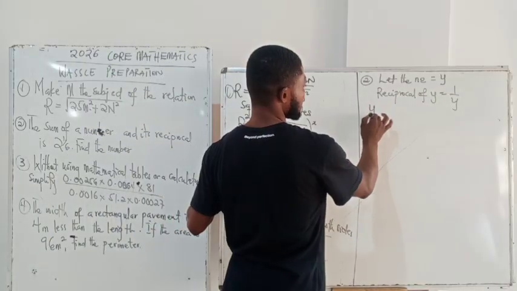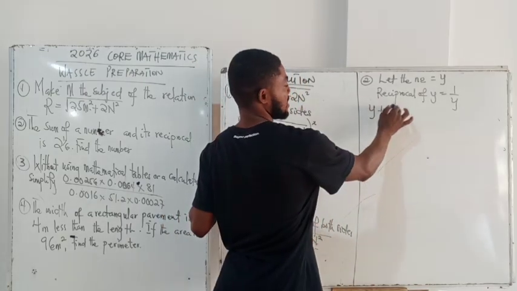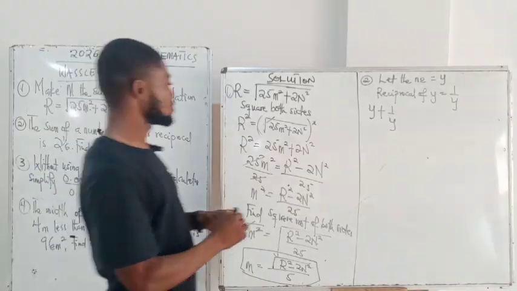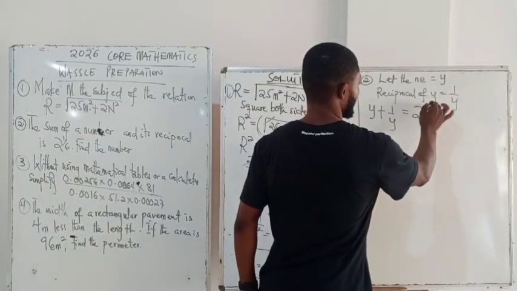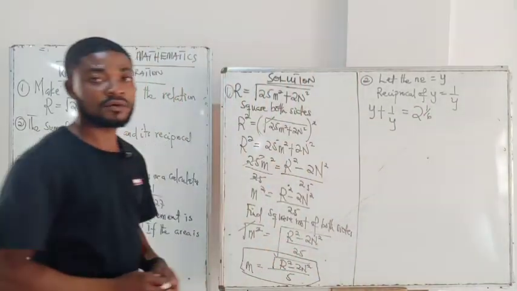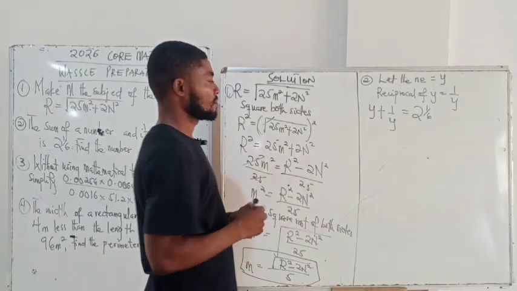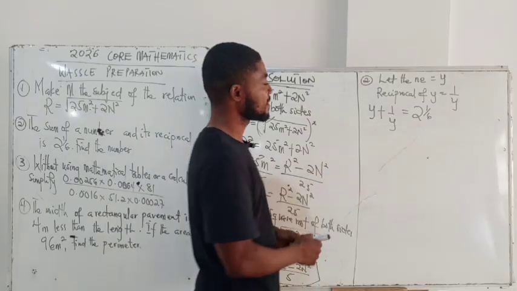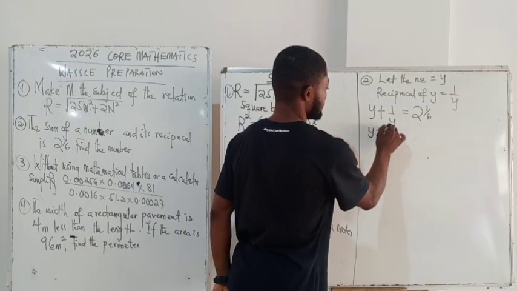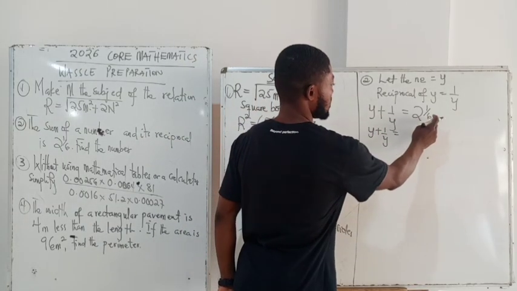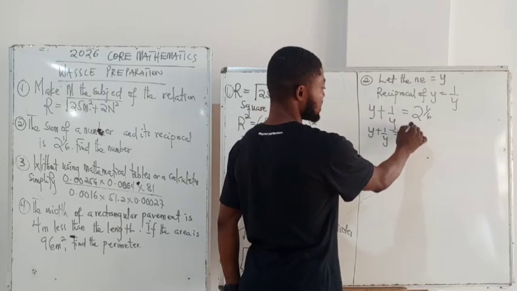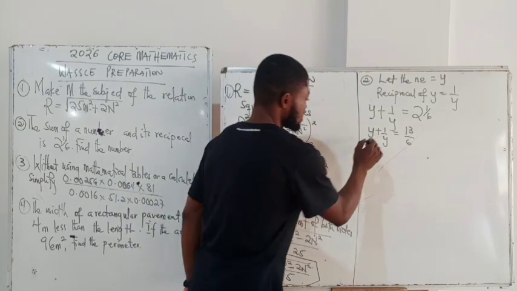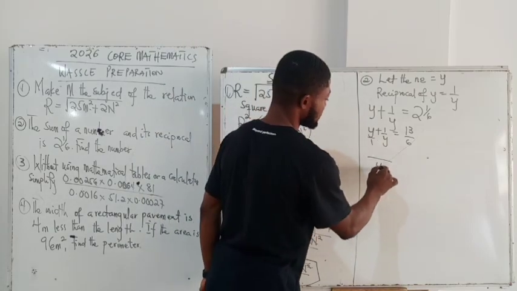So y being the number plus 1 over y being the reciprocal is equal to 2 whole number 1 over 6. Let me express this in the mixed improper form: 6 times 2 is 12, plus 1, 13 over 6. This is over 1, so LCM is definitely y.